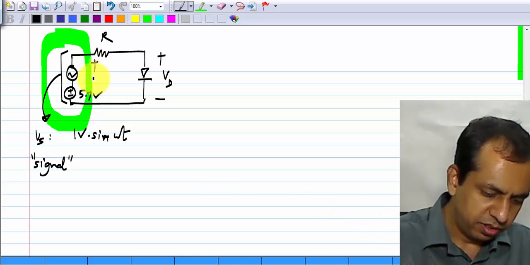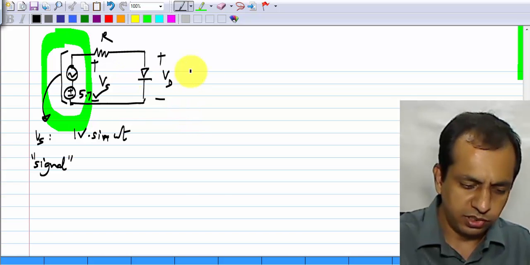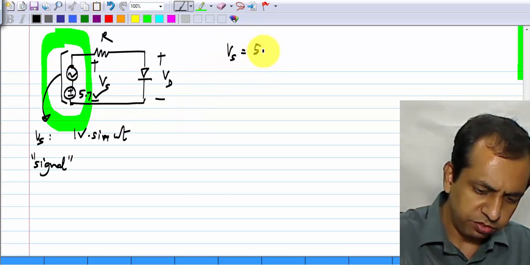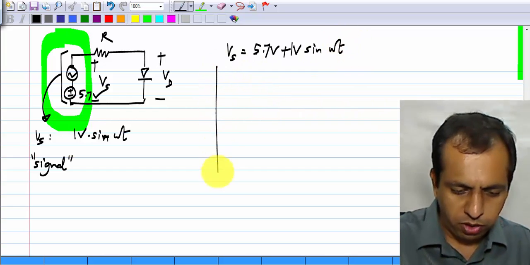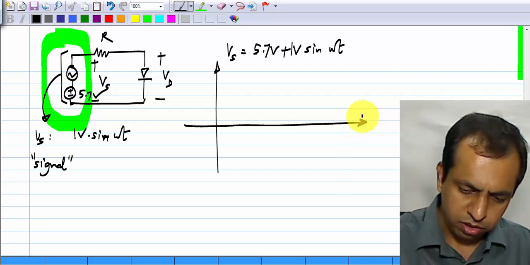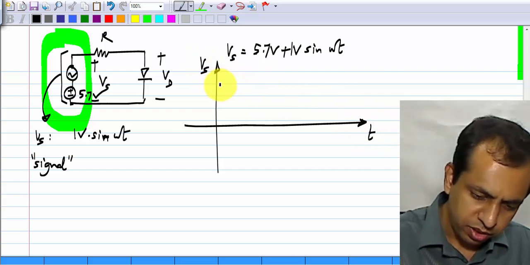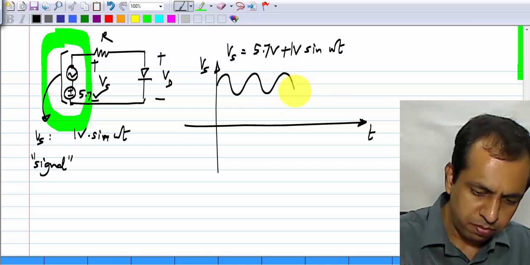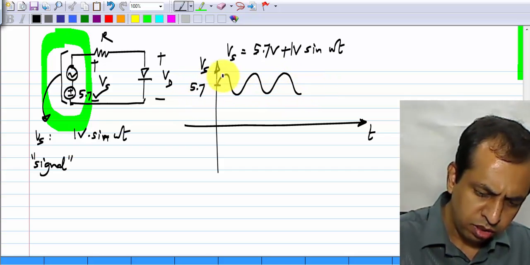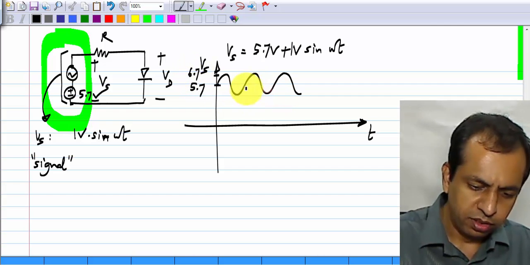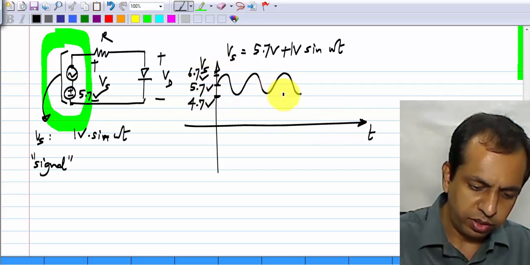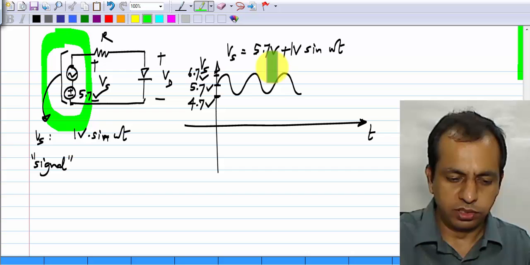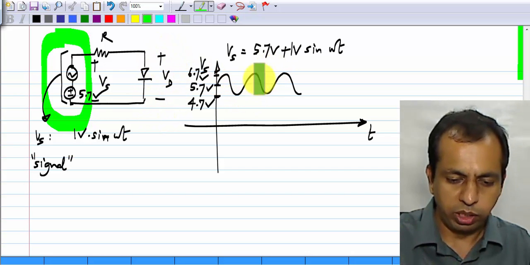So, this is the value of Vs, and Vs in this case is 5.7 volts plus 1 volt sine omega t, and if I plot Vs versus time, it will look like that. The maximum value will be 6.7 during positive peaks of the sine wave, and minimum value will be 4.7 volts, okay. So, how would you find the solution or the response Vd to an input like this?